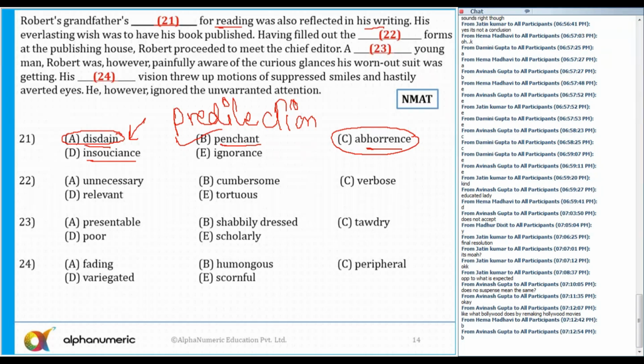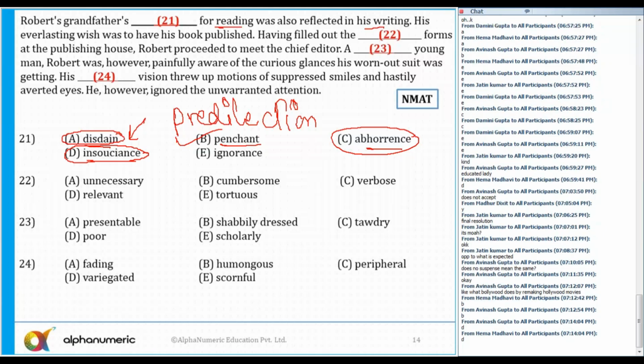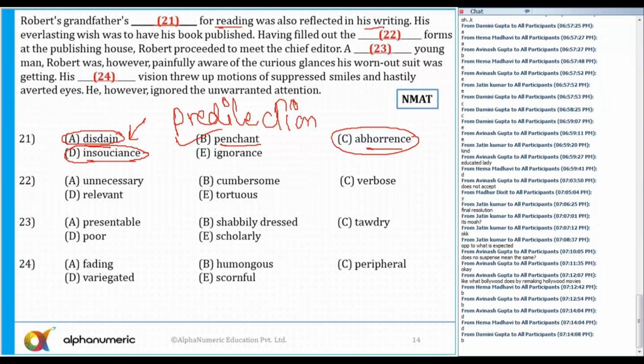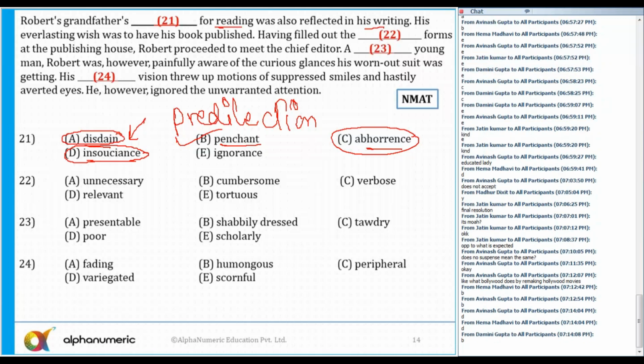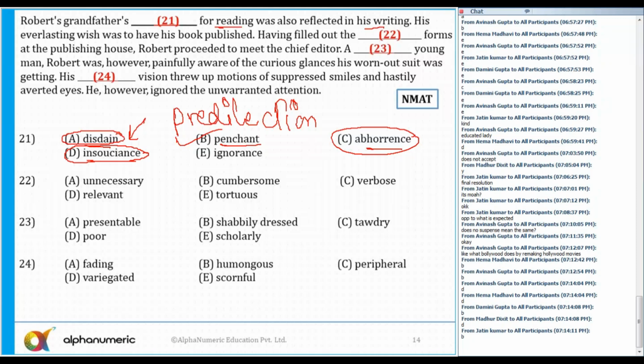His everlasting wish was to have his book published. Having filled out the dash forms at the publishing house, Robert proceeded to meet the chief editor. Now, what kind of forms will these be?